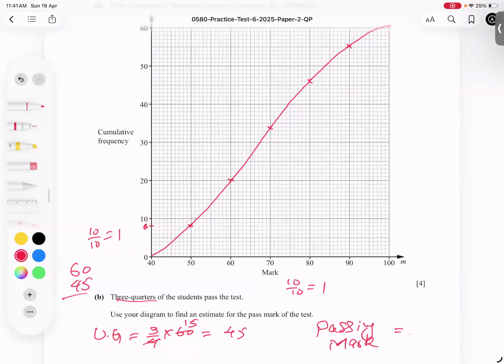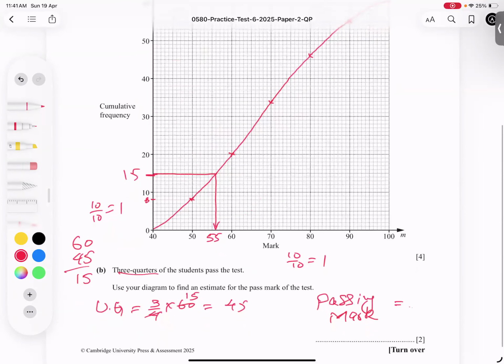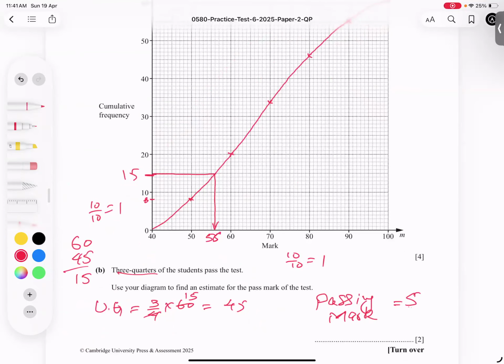We get 15 here. So this is student 15. So basically we got 15 here, and from here go down. So 56, not 5, 6. So this is a passing mark out of 100.